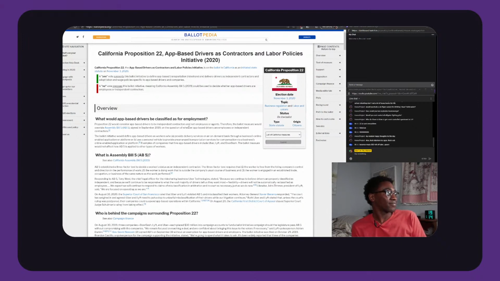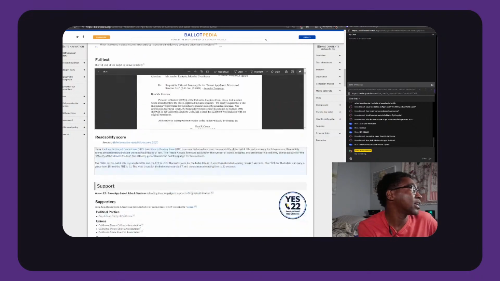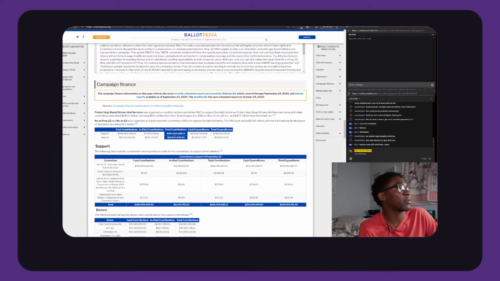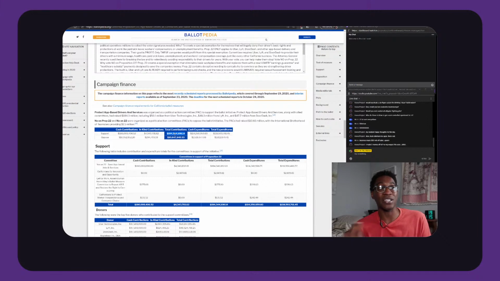Not only were they doing that, Uber, Lyft, DoorDash, all of those, they've been muddying the waters. They've been spending ridiculous amounts of money, to the tune of $184 million on the support side, to make sure that people are duped into believing that their gig economy workers don't have to be paid or treated fairly by Uber and Lyft.